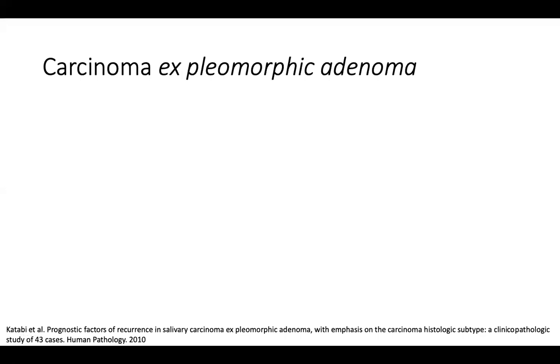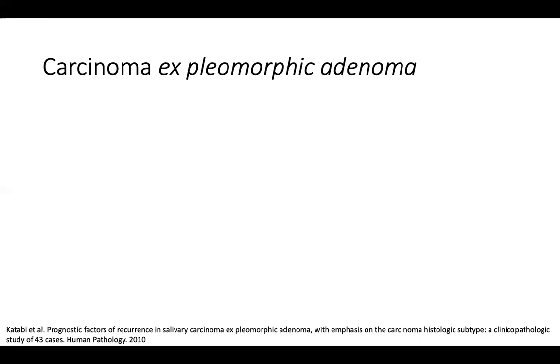Honestly, carcinoma ex PA is pretty uncommon. So usually they won't be confined to the PA. There are carcinomas that are confined to the PA, but they're pretty uncommon. So we don't have to freak out about this too much. But yeah, I'd say just do a good gross examination when you're submitting any PA, and submit any areas that look unusual, because they'll usually be associated with things like necrosis or hemorrhage and stuff like that.